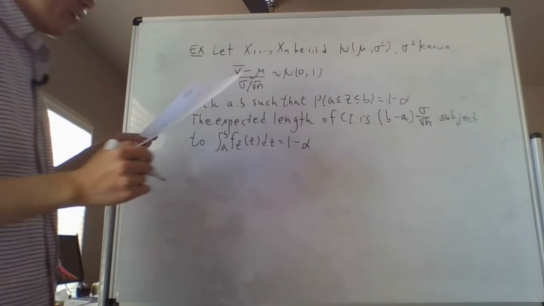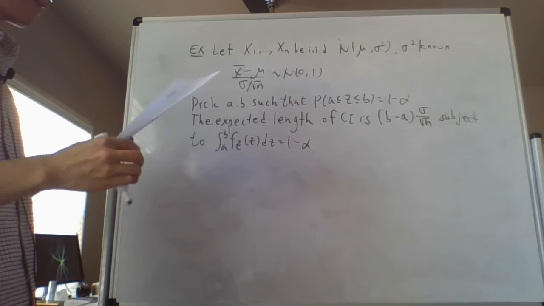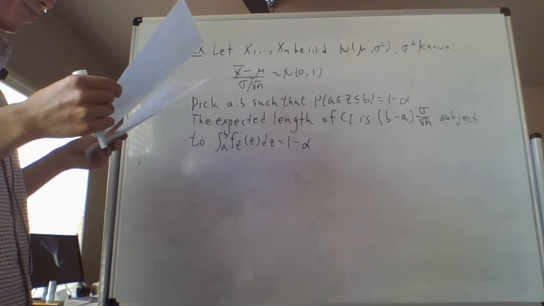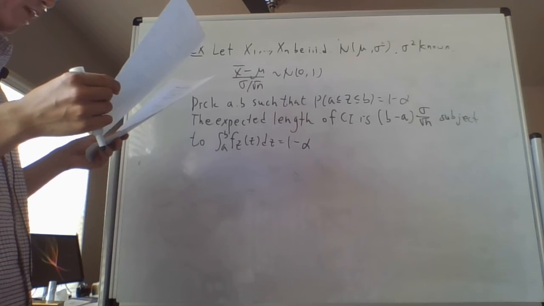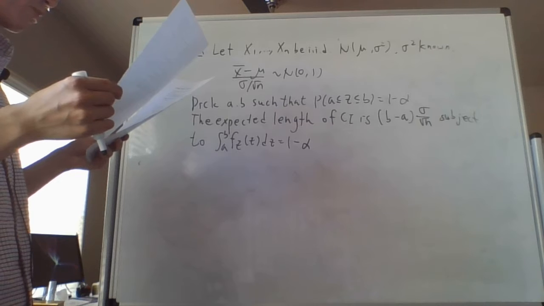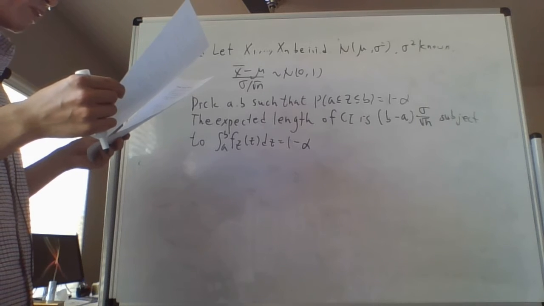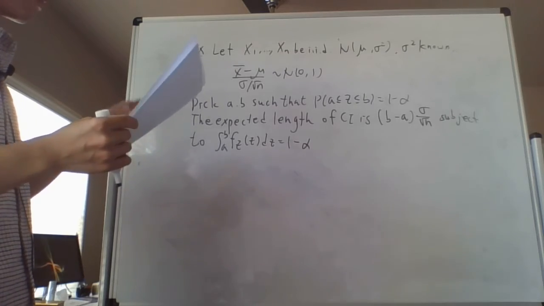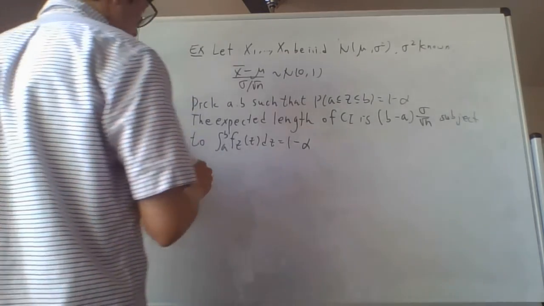And then we have seen in the previous theorem that the shortest interval is where f(a) equals f(b) greater than 0, and between A and B there is a mode. And here the normal is symmetric.